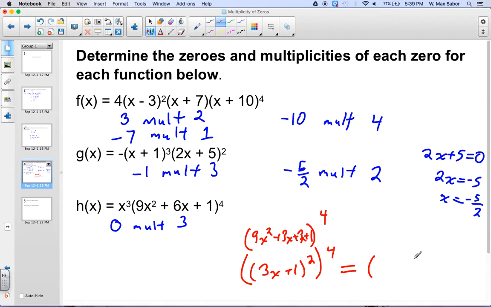So that's the same thing as 3x plus 1 to the 8th power. Hopefully you agree that if we factor this, we get 3x plus 1 squared, so that's 3x plus 1 to the 8th power, including that 4th power. So this is a root of negative 1/3, because 3x plus 1 equaling 0 would give us a root of negative 1/3. And the multiplicity of that root is 8 because of the exponent.